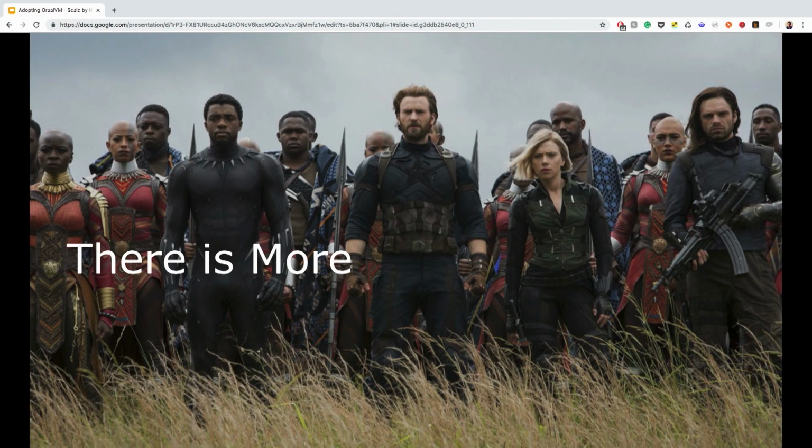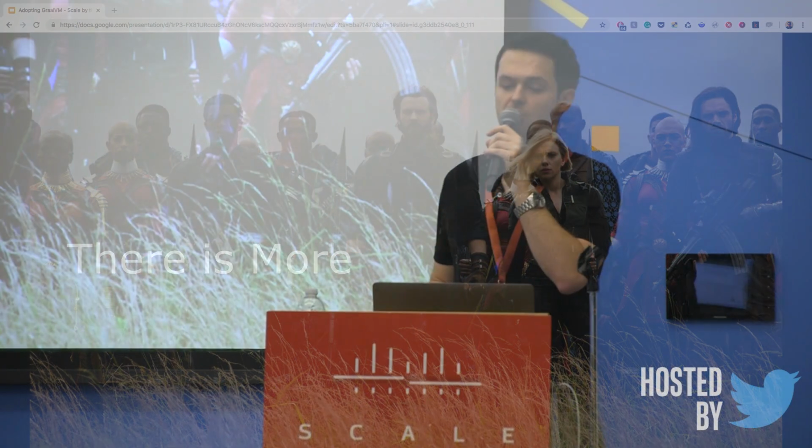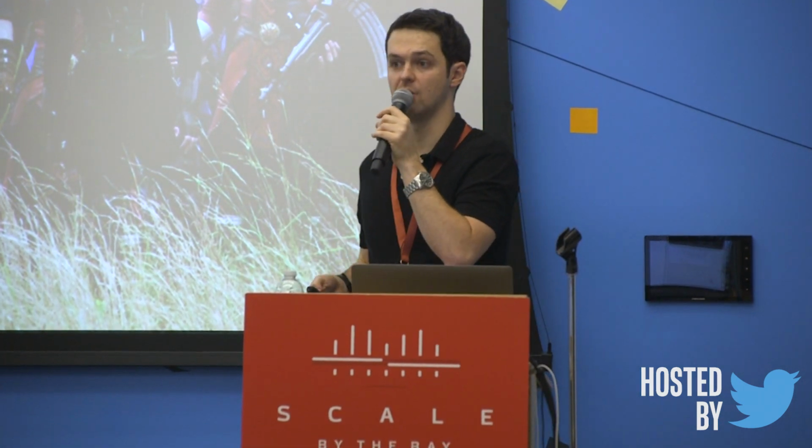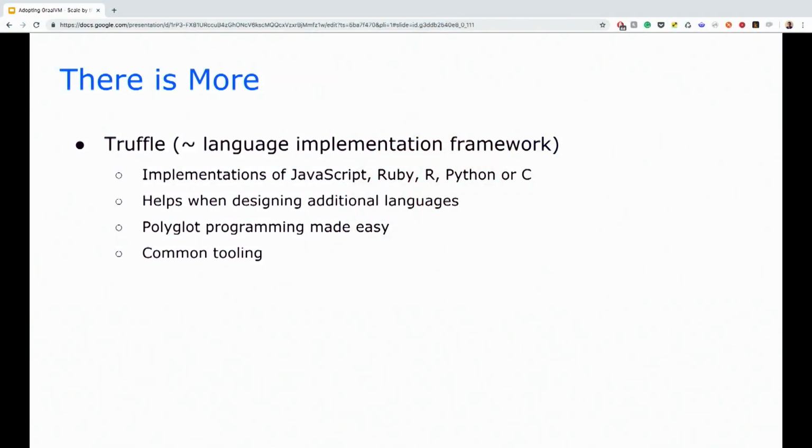So we went through the topics I found the most interesting, but Graal offers more, often focused on polyglot programming. And as we are at Scale by the Bay, I think it makes sense to go through it really quick. You may like Truffle, which is a language implementation framework.